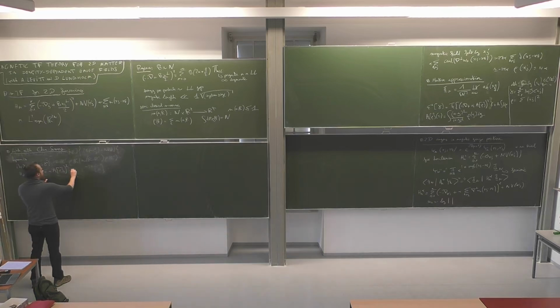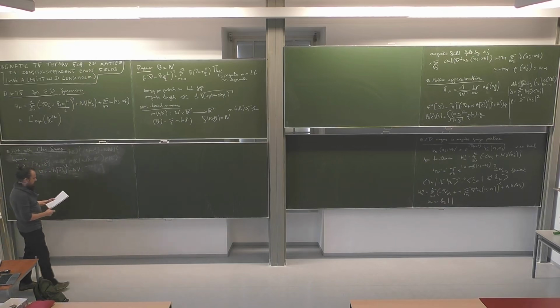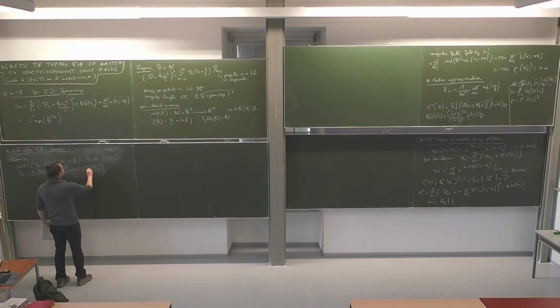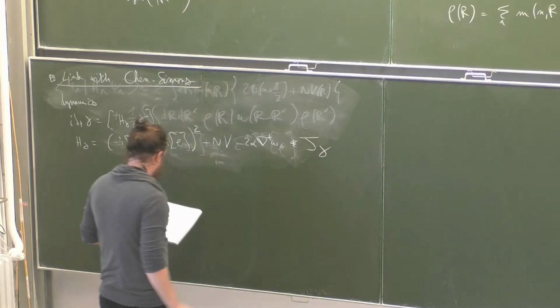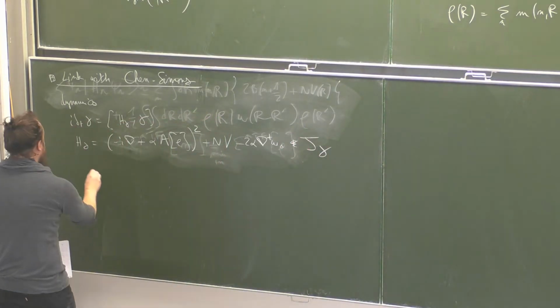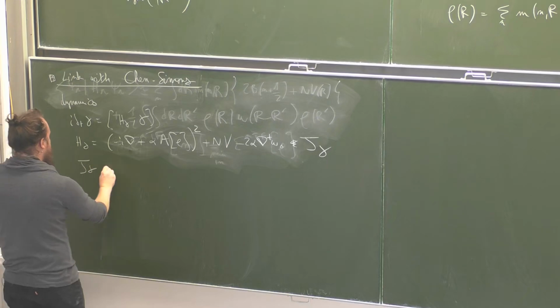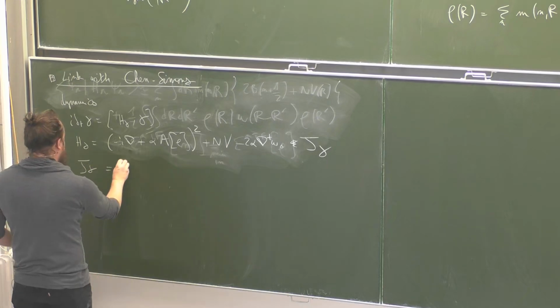So let me record the n V, but then I have something that I don't know by heart, which looks like minus 2 alpha grad perp W0 convoluted with the current of gamma, where current of gamma is alpha.